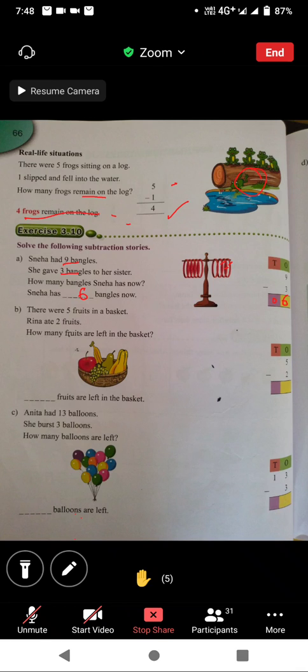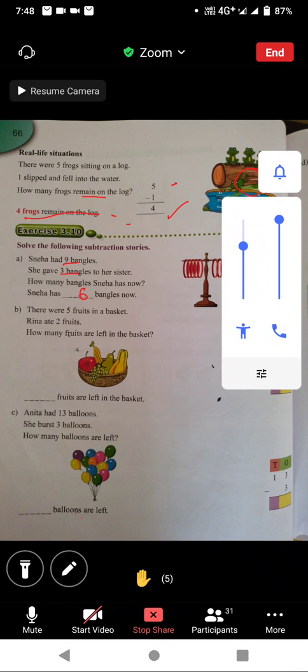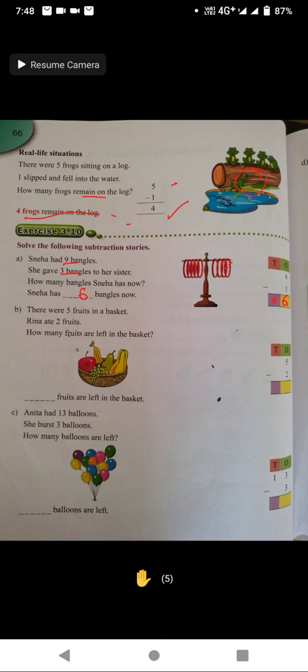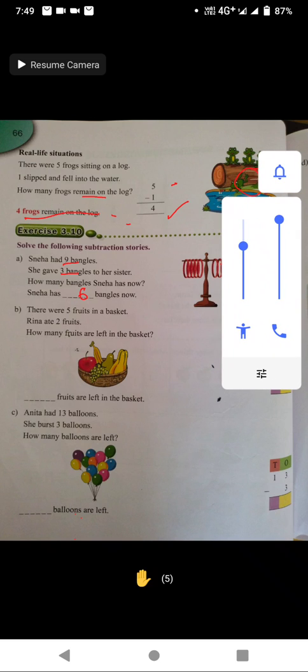Mike, Azma. Yes, beta, explain part B. Quickly.